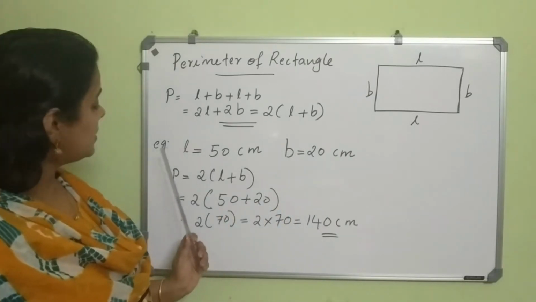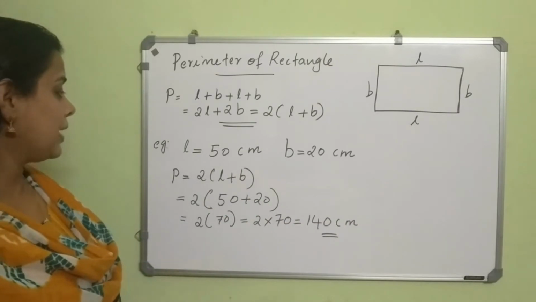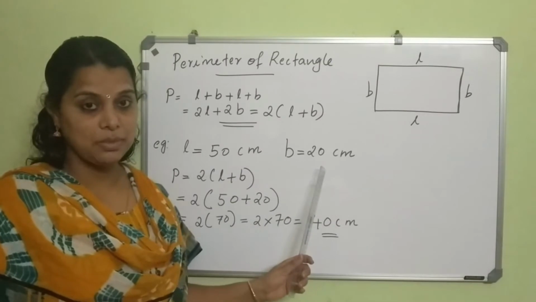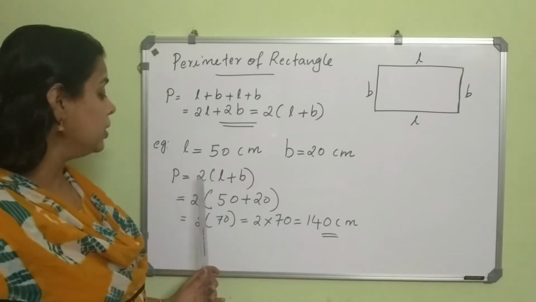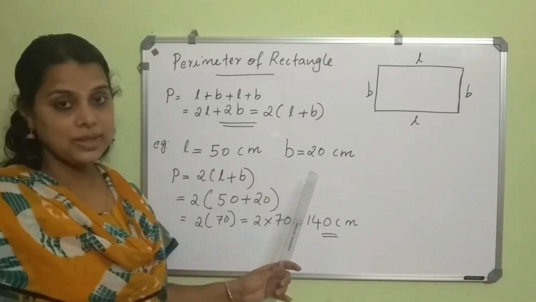Now let us check one example. Find the perimeter of a rectangle whose length is 50 cm and breadth is 20 cm. First we need to write the equation. P is equal to 2 into L plus B. Here L is 50, B is 20 cm.